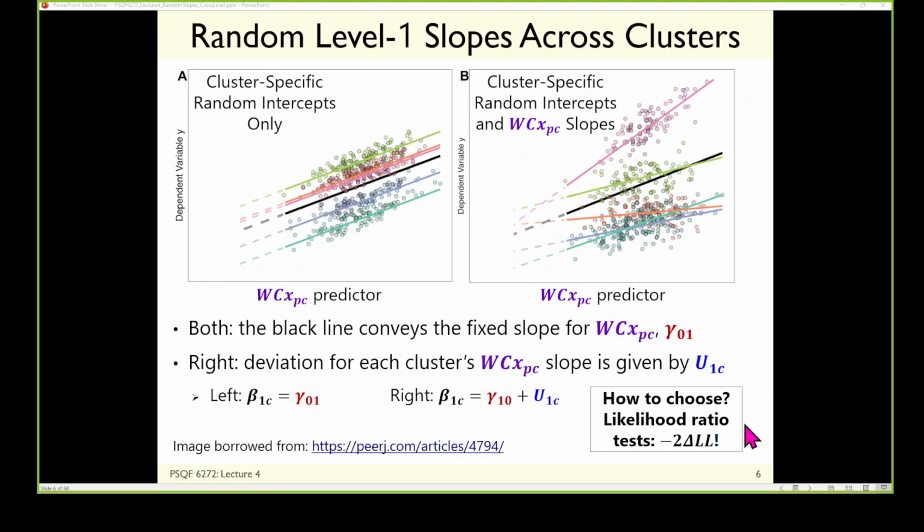Could be. One of reviewer 2's favorite criticisms: power. How many clusters do you need to show cluster differences? A lot. So you could end up with a not random slope because you don't have enough power to detect the differences. So it's the same interplay as usual.